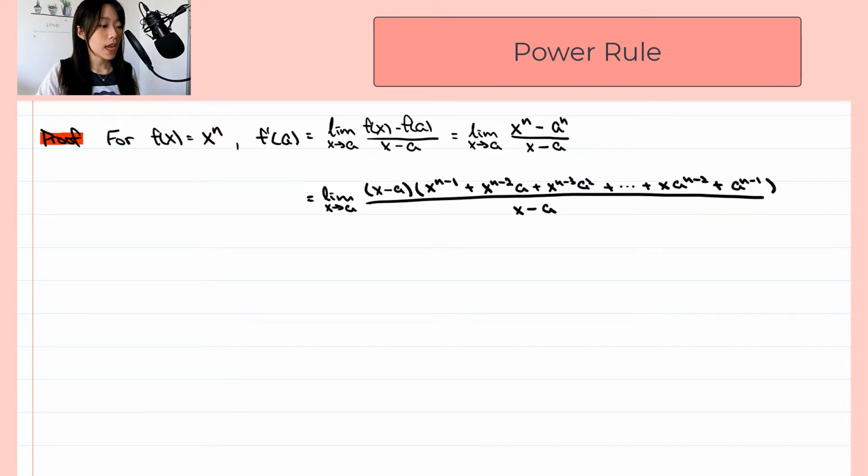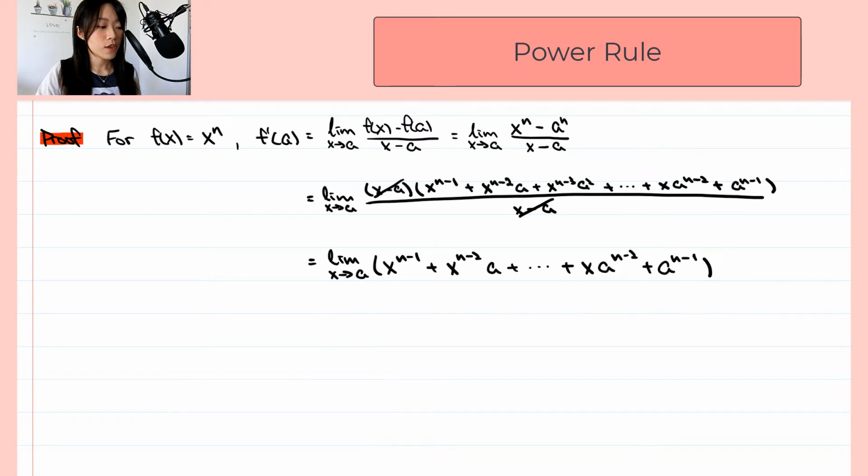The x minus a in the numerator can cancel out with the x minus a in the denominator. So this equals the limit of x to the power of n minus 1 plus x to the power of n minus 2 times a, and so on, plus x times a to the power of n minus 2 plus a to the power of n minus 1.